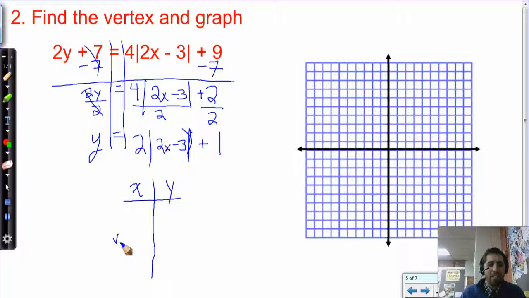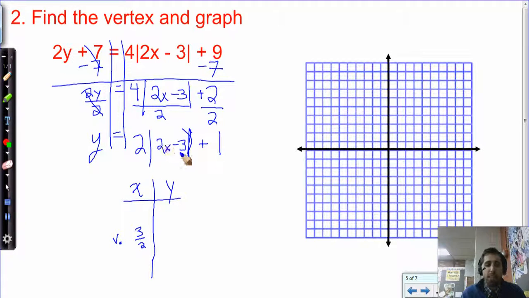What I'm thinking about is, I'm going to multiply 2 times something, and I want it to be equal to 3, because 3 minus 3 is 0. 2 times what equals 3? You could say 1.5, or you could just know that I want 3 to be the numerator, and if I'm multiplying, then 2 could cancel a denominator of 2, so 3 halves. When 3 halves is x, we get 0 inside here.